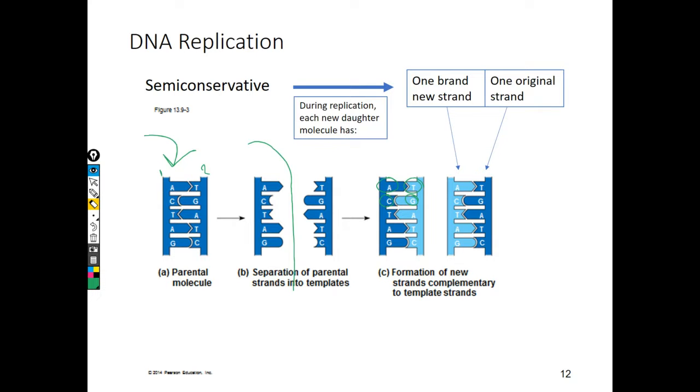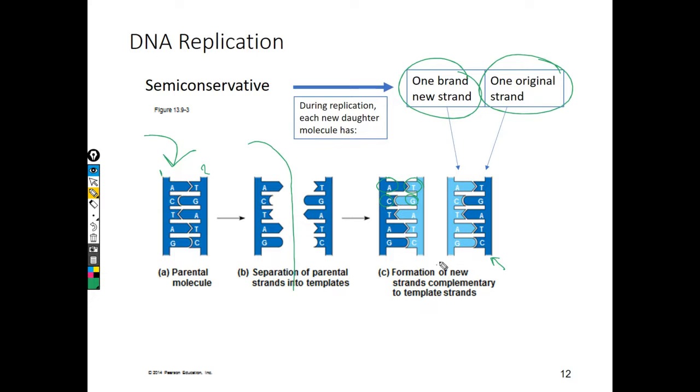So here's where the phrase semiconservative comes in. Okay, if you see here, you see I have this labeled out as 1 brand new and 1 original. Okay, the fact that we keep 1 original, right, this dark blue navy, is the conservative part. Okay, I have 1 piece that is an original. Okay, there's no way it could be messed up because we didn't do anything to it, right? It wasn't altered, it wasn't copied, it is the original piece. Okay?